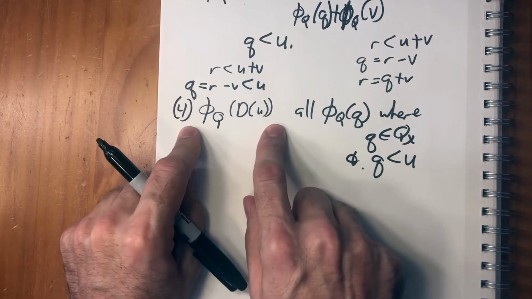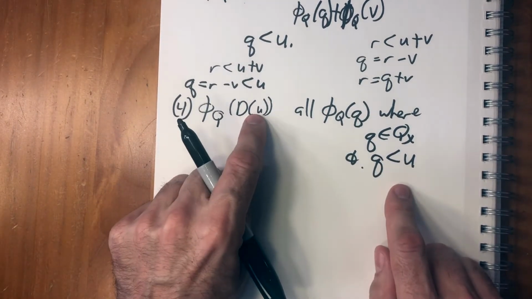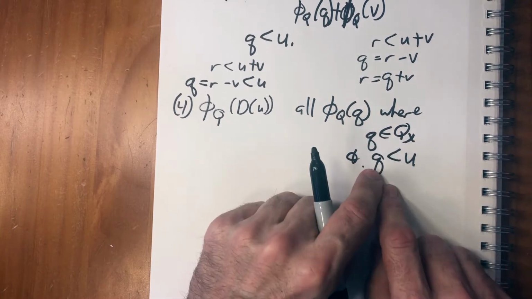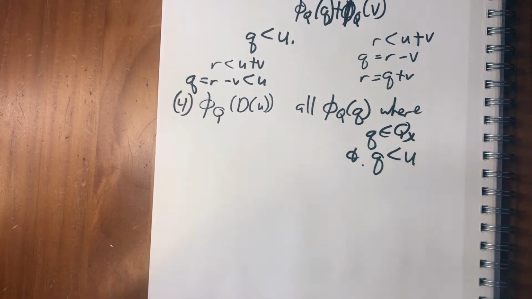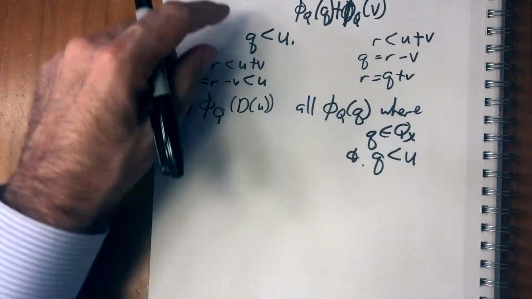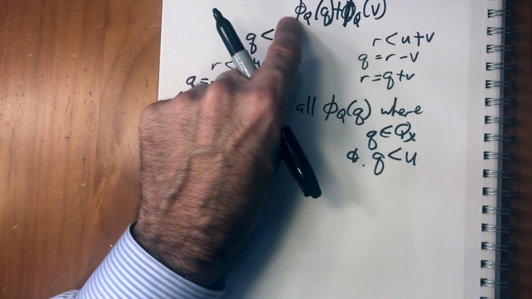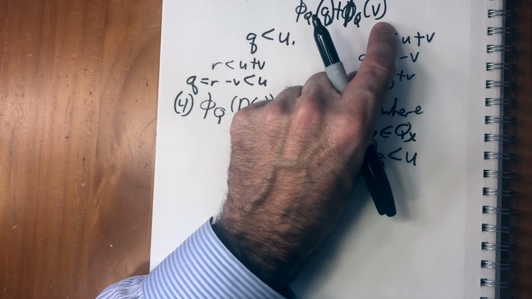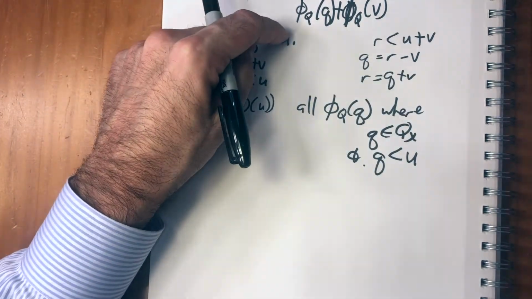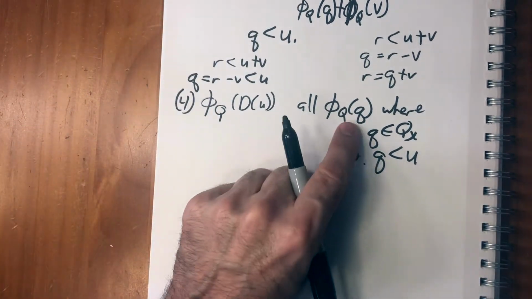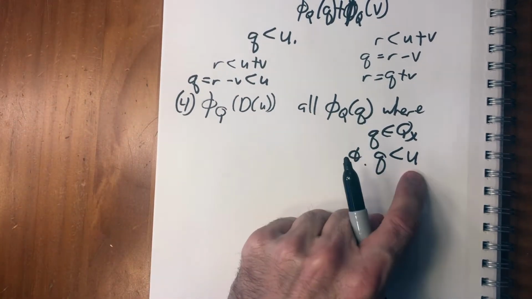That's the definition of this, that you take all the rationals less than u and apply phi q to them. So it's all of the q's less than u. So notice that we've made a connection here because phi q of the cut of u plus v is the set of all phi q of q plus phi q of v where q is less than u. But also phi q of the cut of u is also the set of all phi q of q where q is less than u.